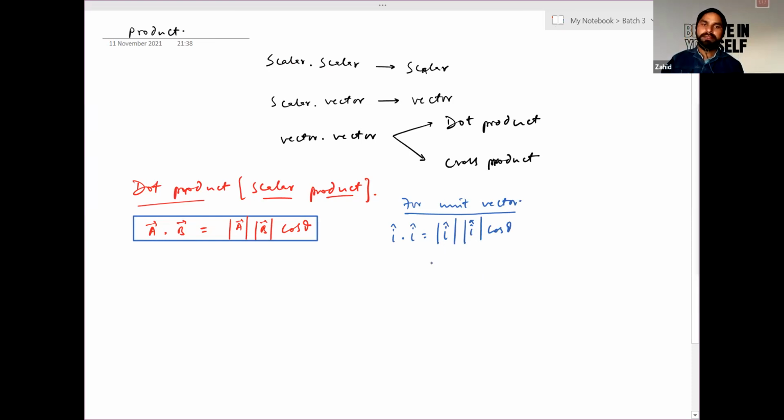Mod of I is 1, mod of I is 1, and as I cap defines the x-axis, both these I caps must be parallel to each other. So theta will be 0 degree and cos 0 will be 1. So the dot product of the same unit vector, I dot I, j dot j, and k dot k, will be 1. Is it clear till this part? Yes, sir.